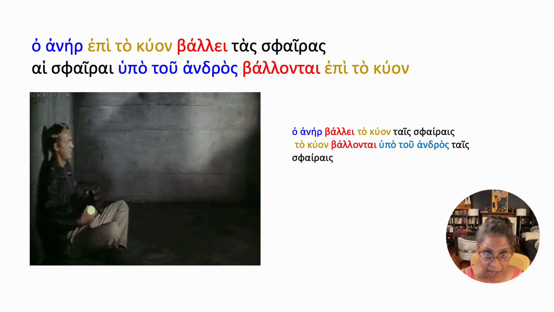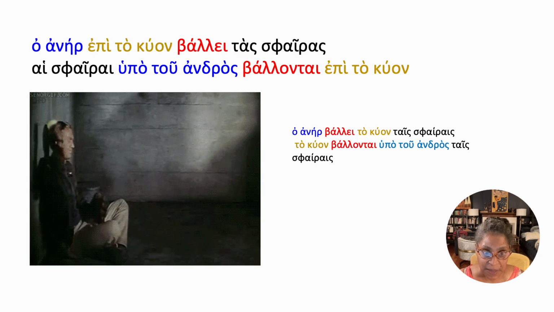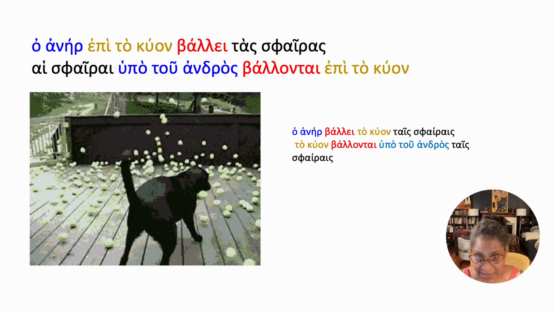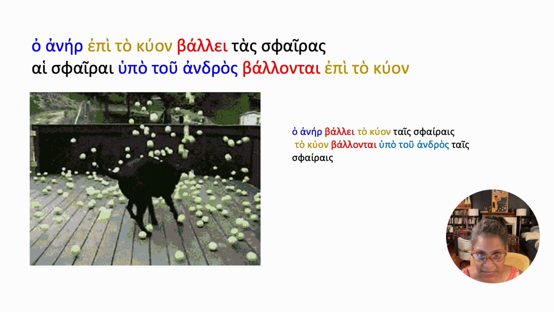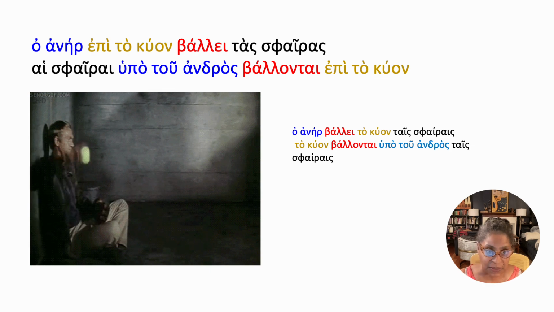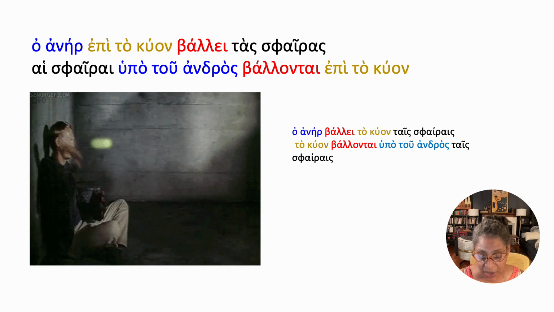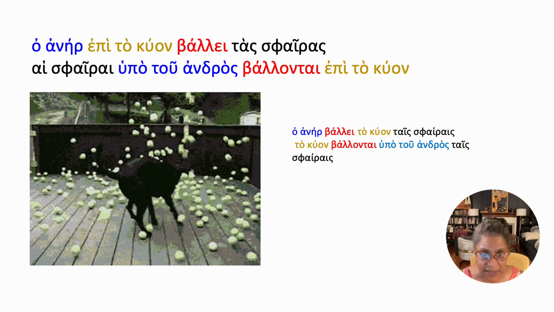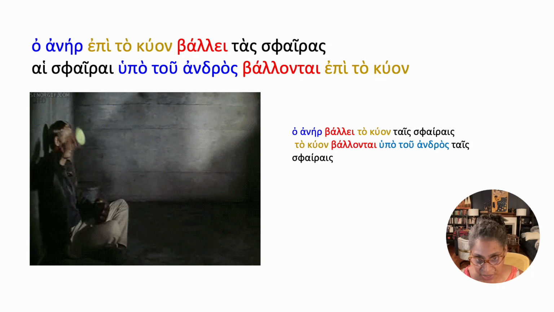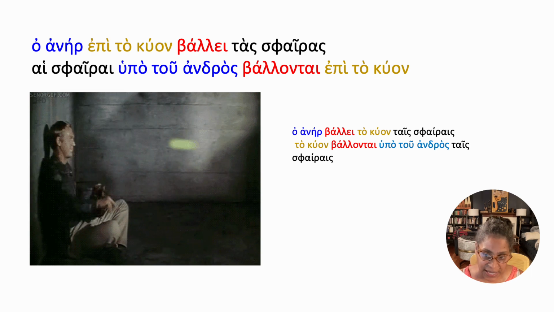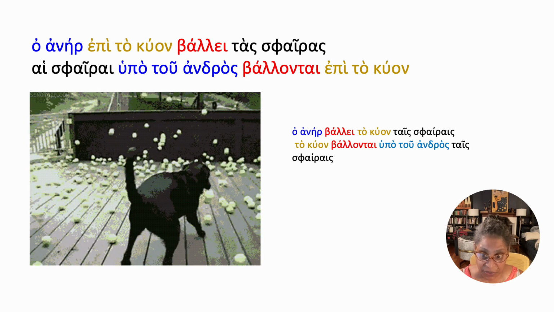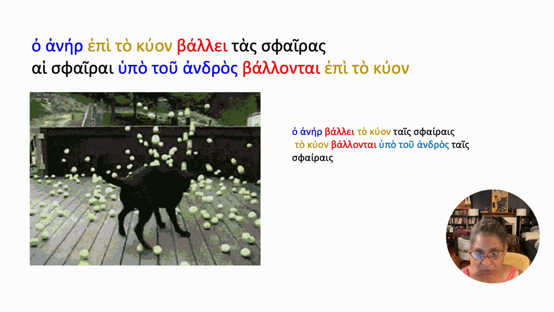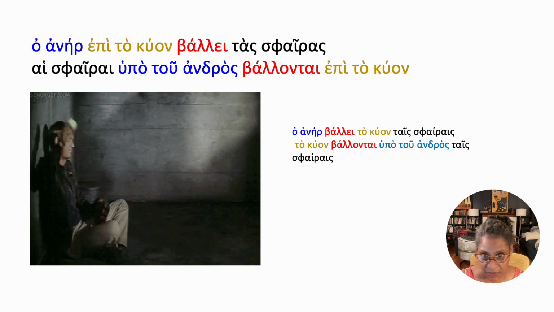So ho aner epi tokuon bale tas sphairas. And in the passive, the balls are being thrown at the dog by the man. And so it's hai sphairai hupo tou andros, the agent, balontai, are being thrown, epi tokuon, against the dog.